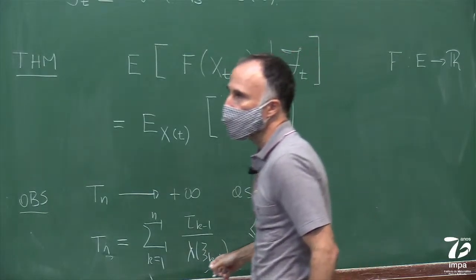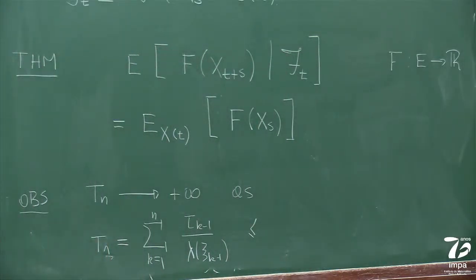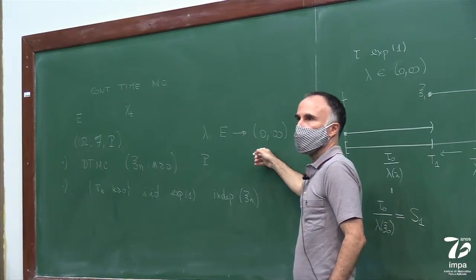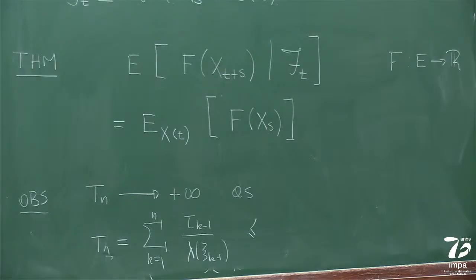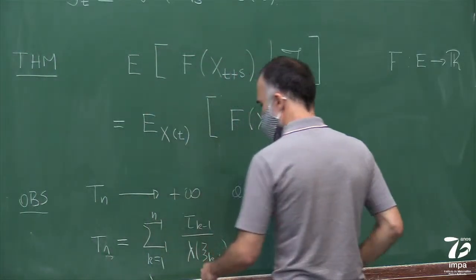Lambda, as I told you, takes strictly positive values, so lambda is bounded below by the minimum.